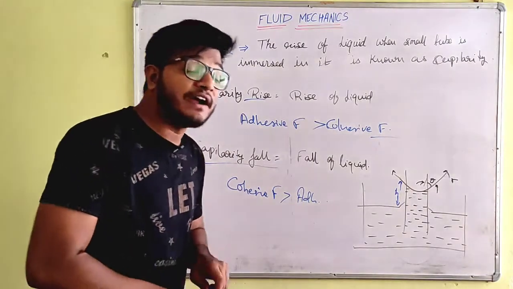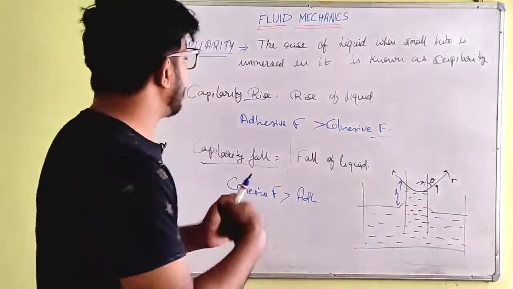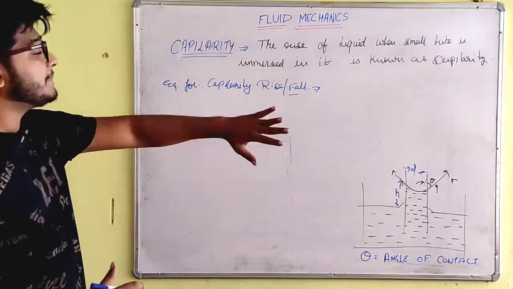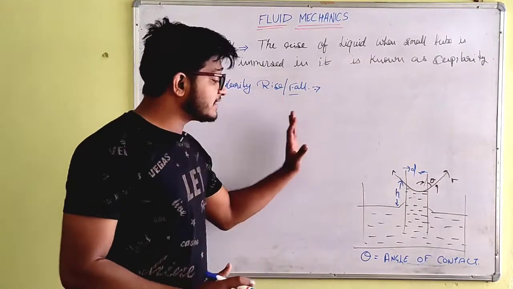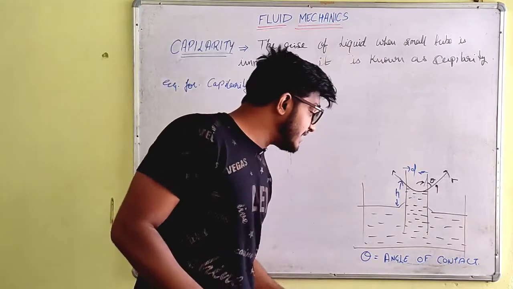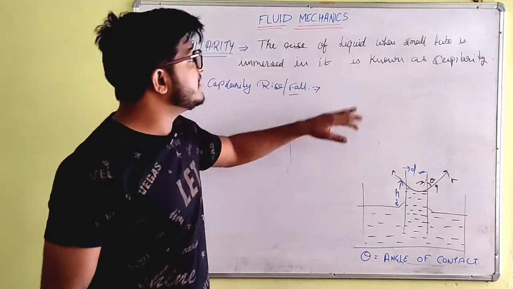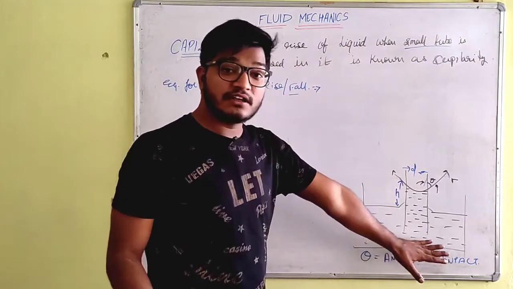Now we will find out the equation for the capillarity rise and capillarity fall. Let's take a container again and fill it with liquid. Now we immerse a small diameter tube in the fluid.